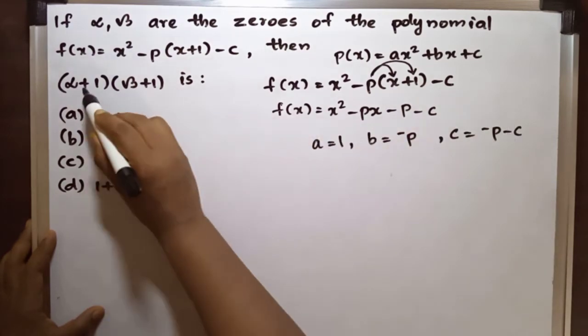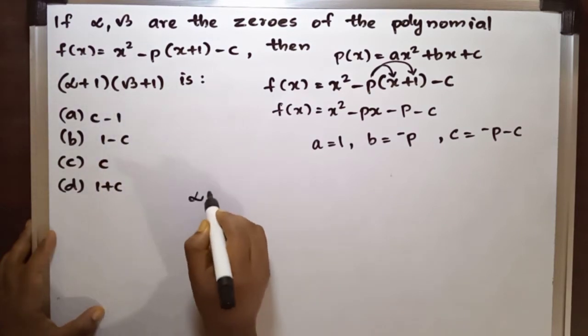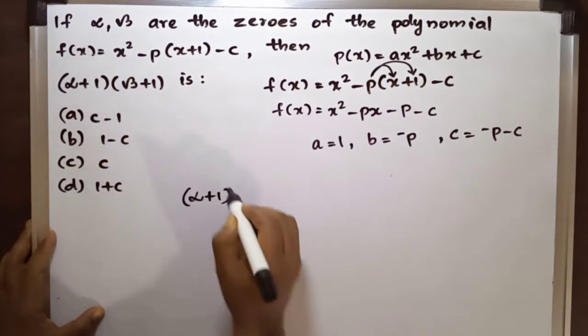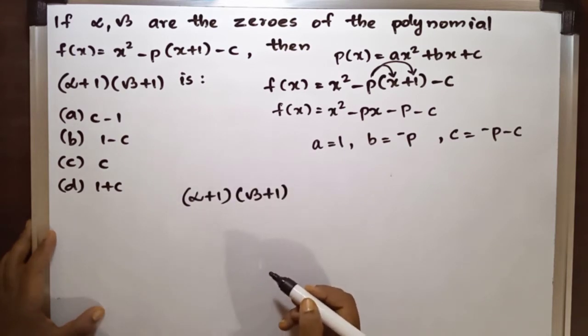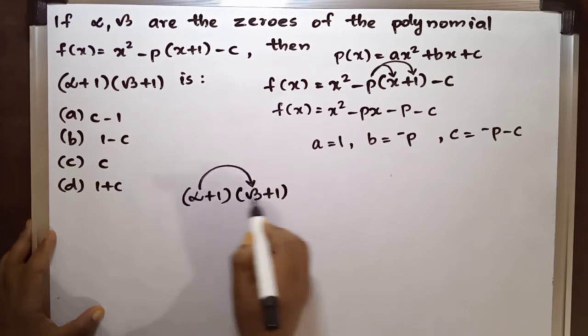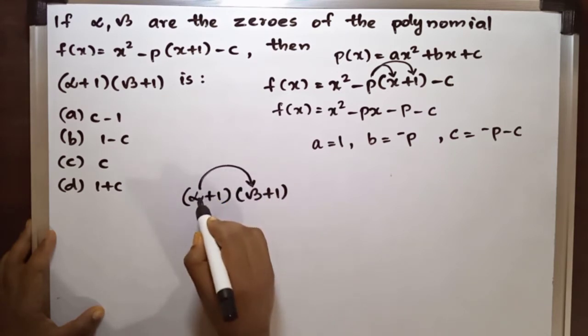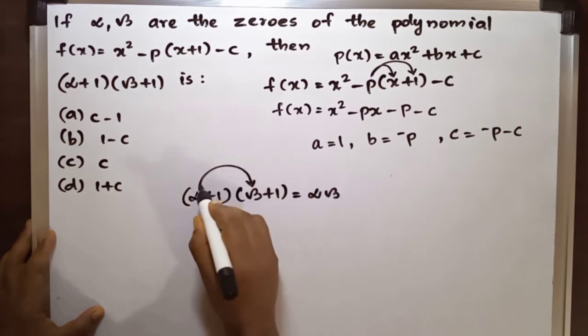Now we have to find this one. Alpha plus 1 into beta plus 1. We are going to open the bracket. Alpha into beta is alpha beta.